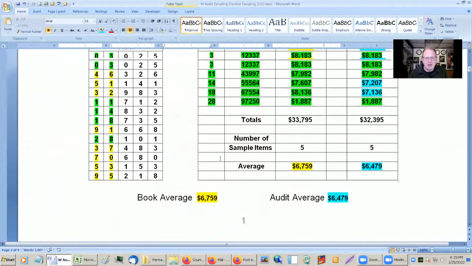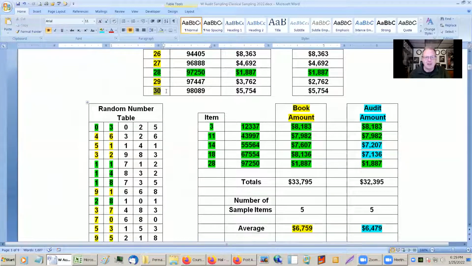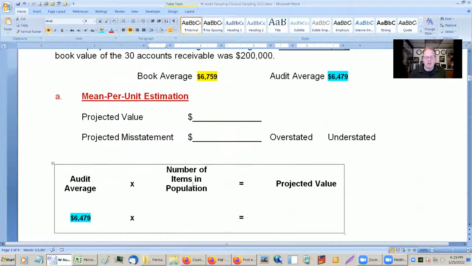There are 30 items in that population, the total amount of items. So we're saying all 30 of these should be worth what we came up with. That's the mean per unit estimation, and this will give us the projected value, what we think the entire thing is worth.